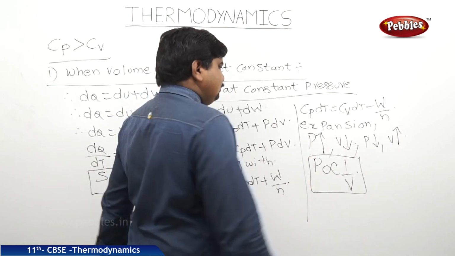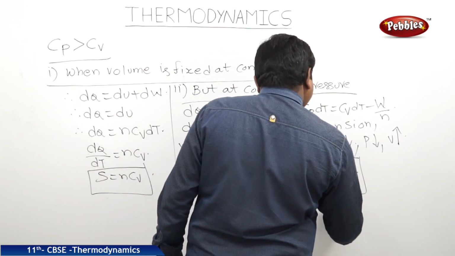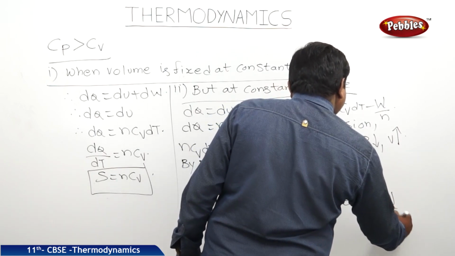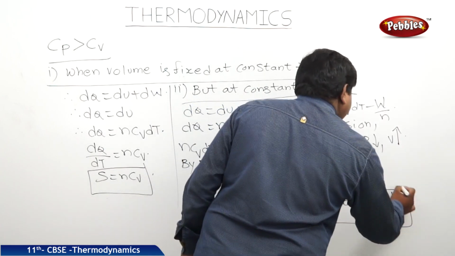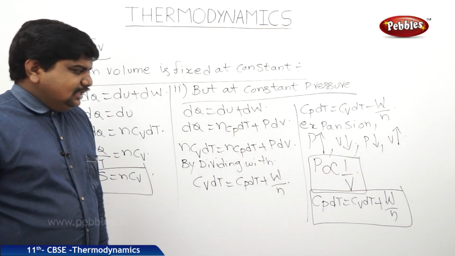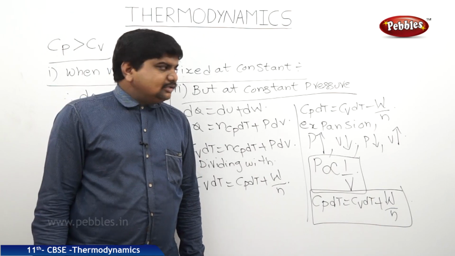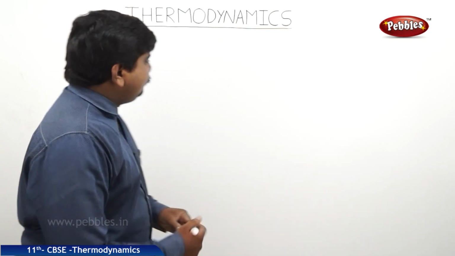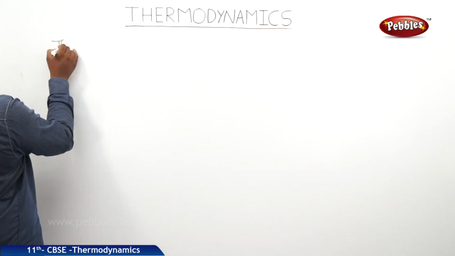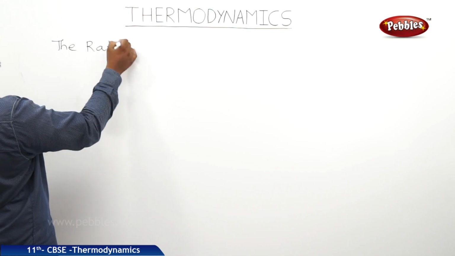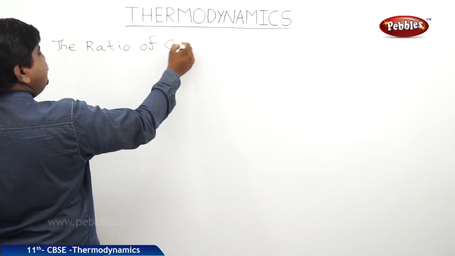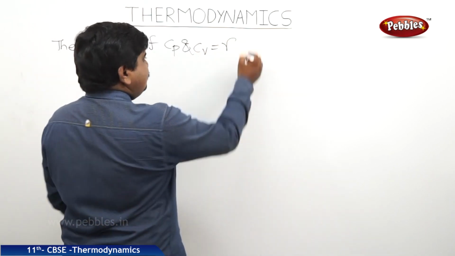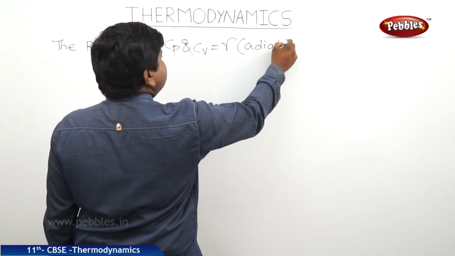By applying the same rule, this Cp dt will become Cv dt plus W by n. So like this we can define that specific heat at constant pressure is always greater than the specific heat at constant volume, based on the ratio of pressure and volume. Therefore we can say that the ratio of Cp and Cv is equal to gamma, where this gamma is called the adiabatic constant.